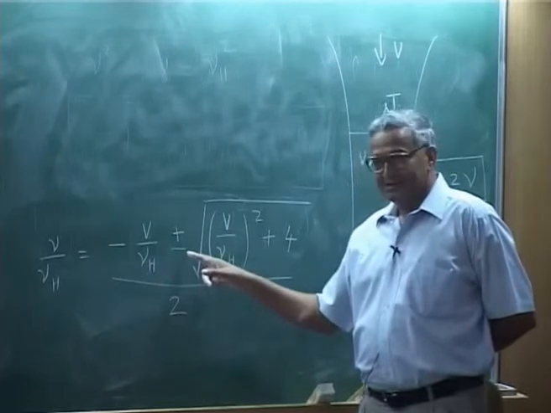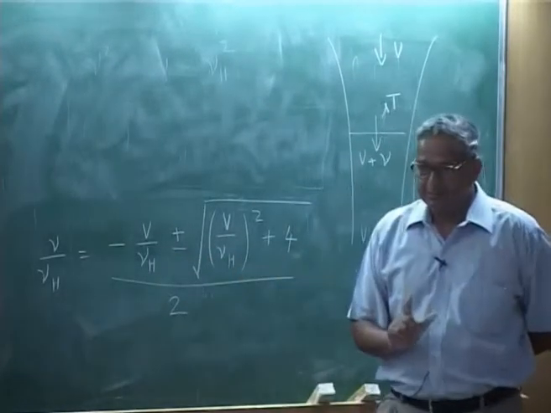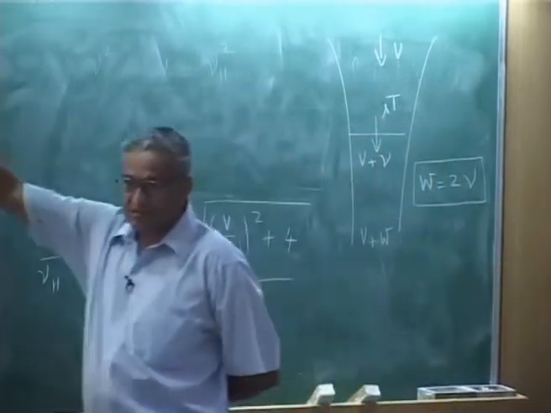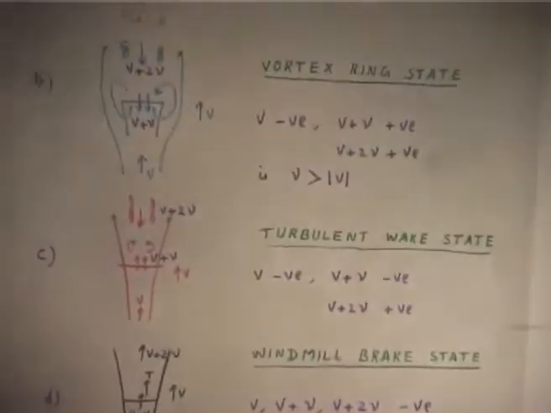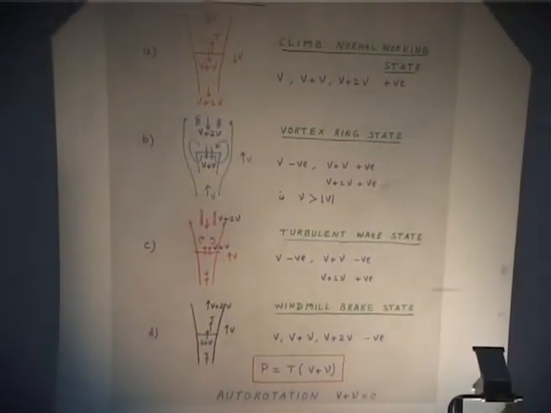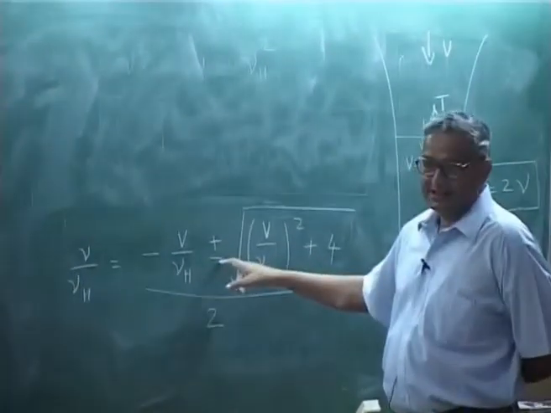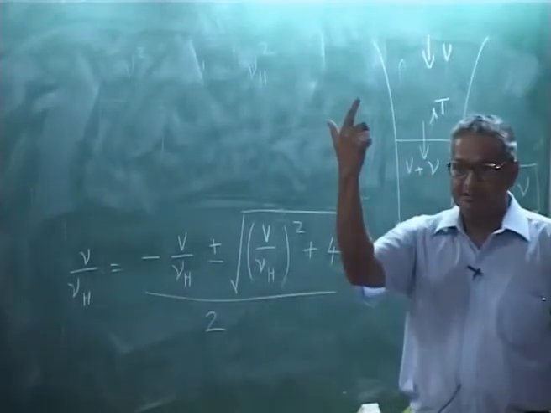So, if I use a minus sign, all of them are negative, but you know that my induced velocity is positive. That means I must use the positive root of the expression. I cannot use the negative, because negative, if I put, my inflow is going up.